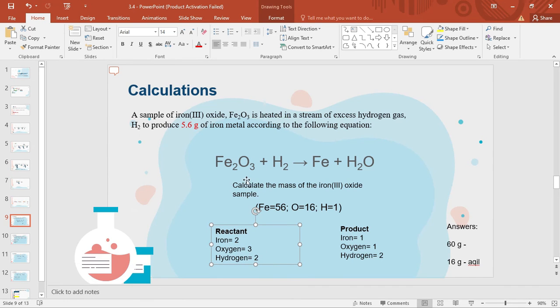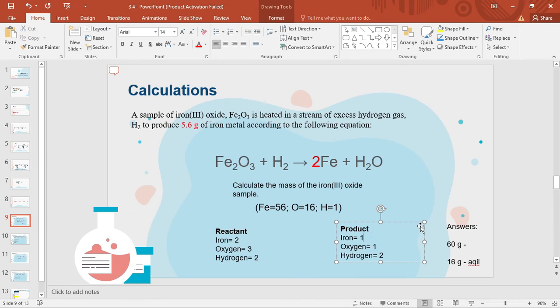Iron we got 2, oxygen 3, hydrogen 2. Like I said, we must consider the metal first. Now both sides' metal are not balanced. So what do we do first? Put 2 at Fe. Now we got 2 Fe.